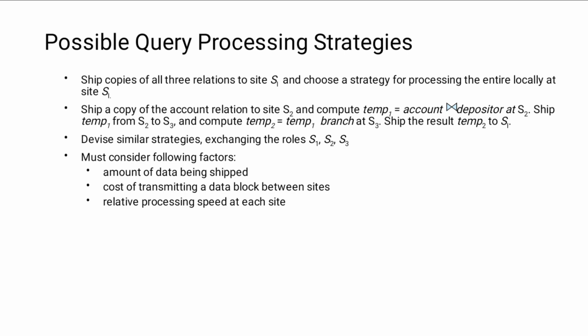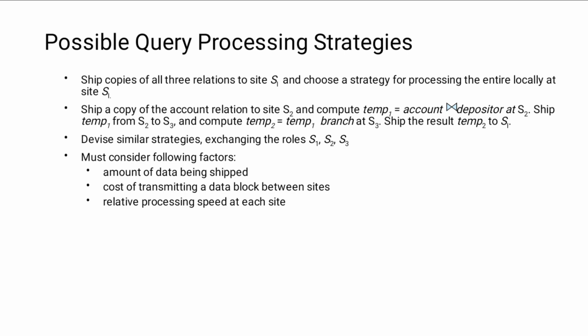Otherwise, we can ship a copy of the account relation to site 2 and compute a temporary relation, temp1, that contains account and depositor joined at S2. Then ship temp1 from S2 to S3 and compute temp2, which is equal to temp1 joined with branch at S3. We are going to merge these relations and put them in temporary relations.